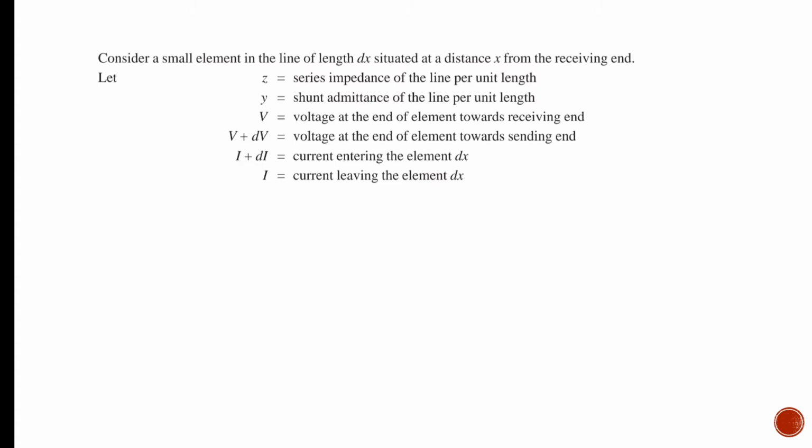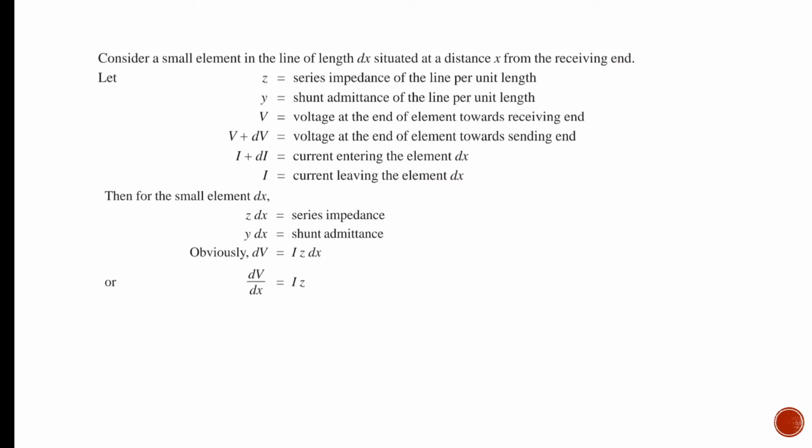Let z be the series impedance of the line per unit length, and y be the shunt admittance of the line per unit length. Let V be the voltage at the end of the element towards the receiving end, and V plus dV the voltage at the end of the element towards the sending end. I plus dI is the current entering the element dx, and I is the current leaving the element dx.